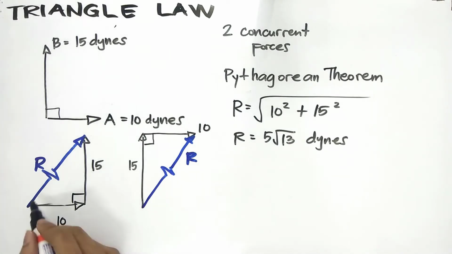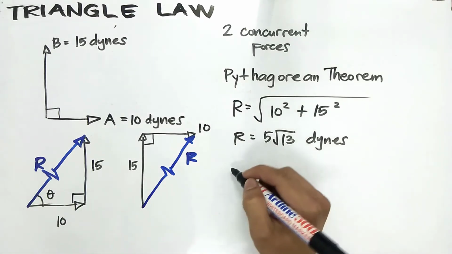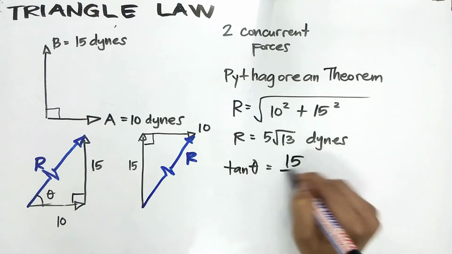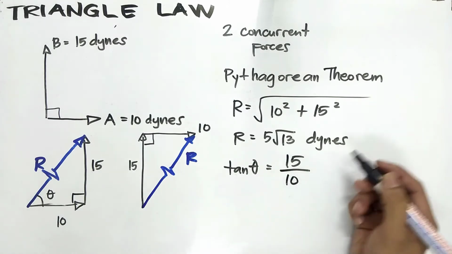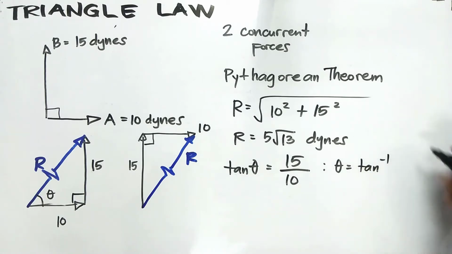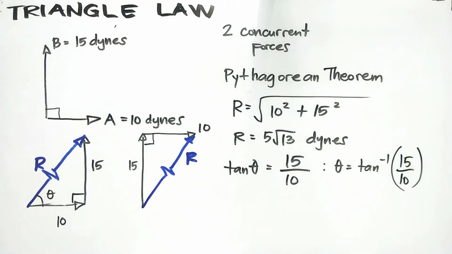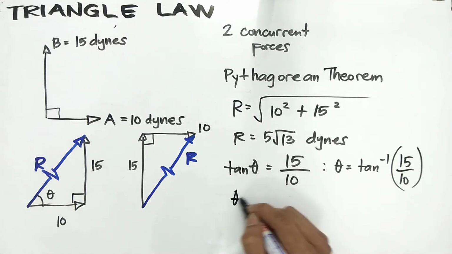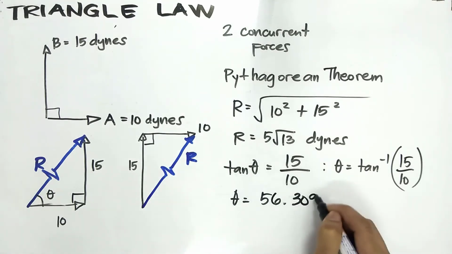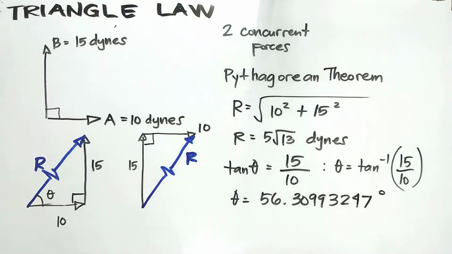To determine the direction, we can use this angle. Let's name it theta. This would be tangent of theta is equal to the opposite side, that is 15, over the adjacent side, that is 10. Your angle theta is equal to the arctangent of 15 over 10. In that case, that would be equal to 56.30993247 degrees.